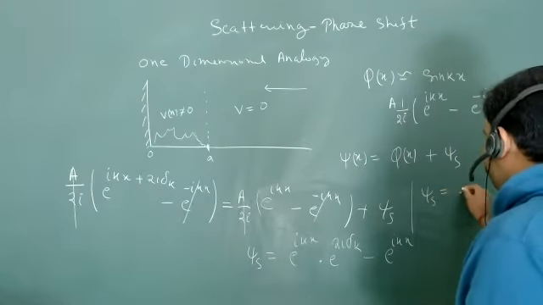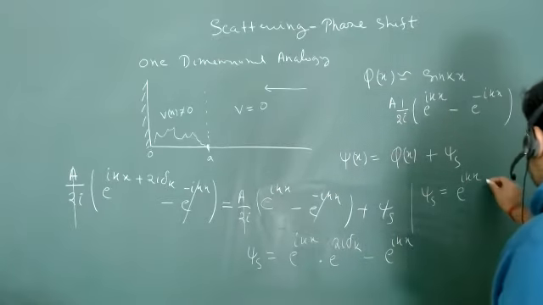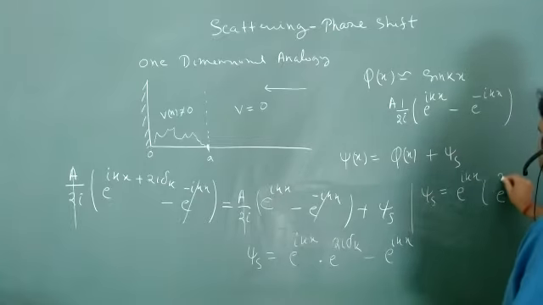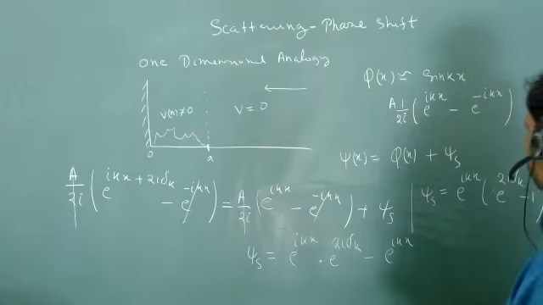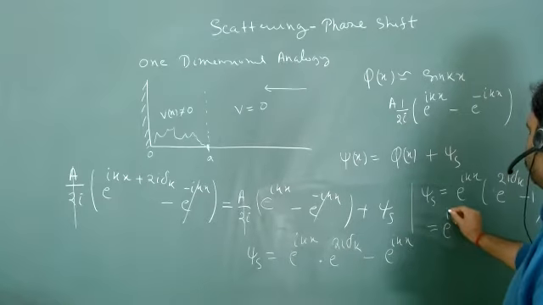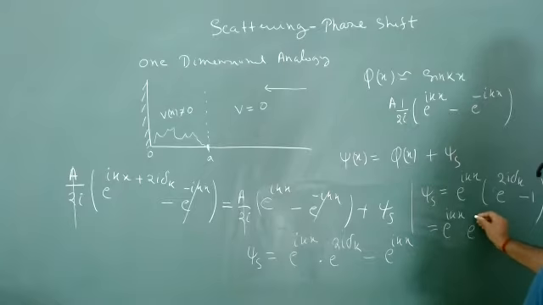Psi x is equal to e to the power ikx, and you have e to the power 2i delta k minus 1.